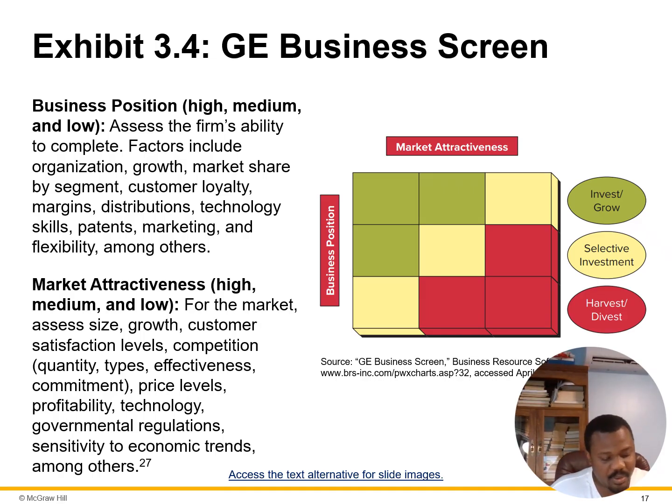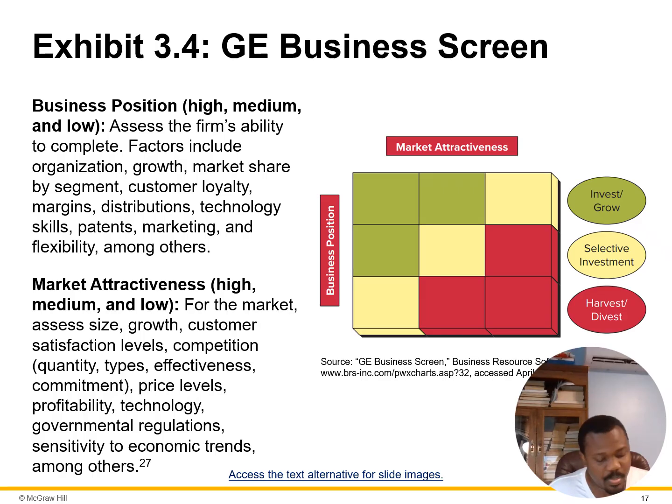Now we look at market attractiveness: high, medium, and low.